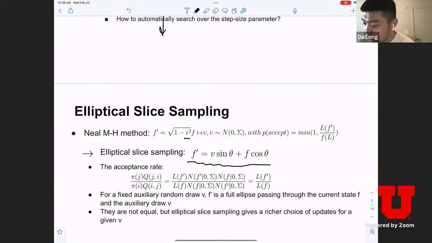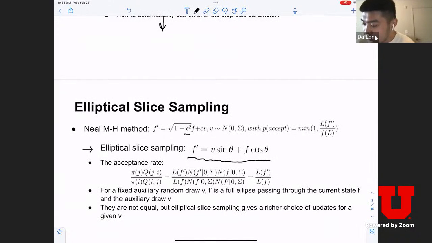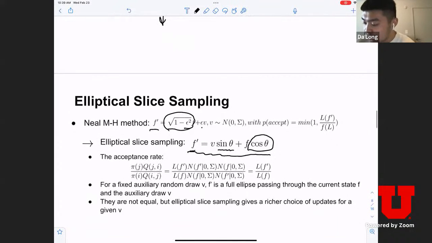This is the model. If you substitute epsilon with sine theta, you will find these two almost equal, but they are not equal because the range of sine theta is from -1 to 1, but this range is not less than 0.